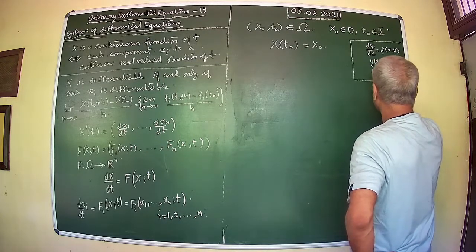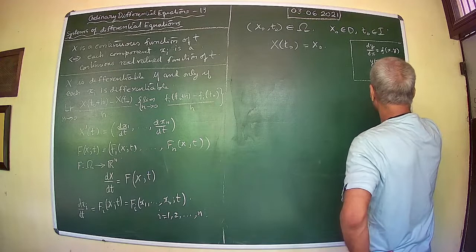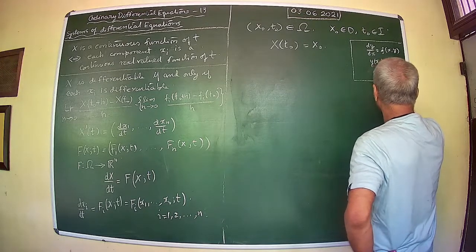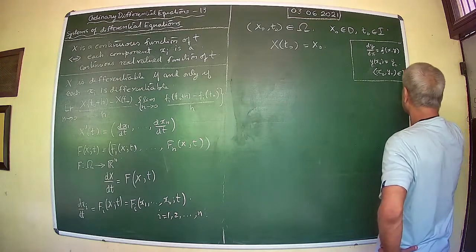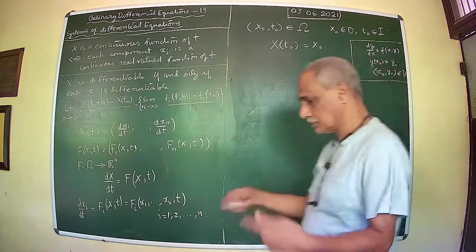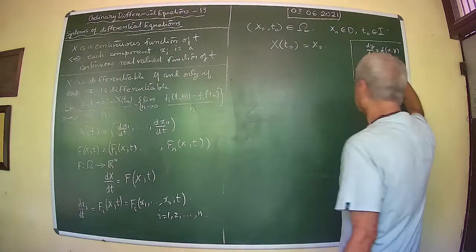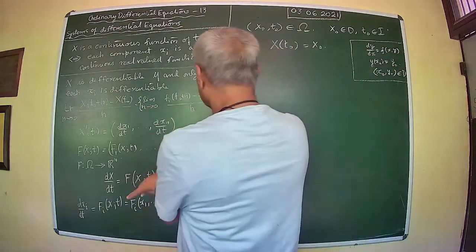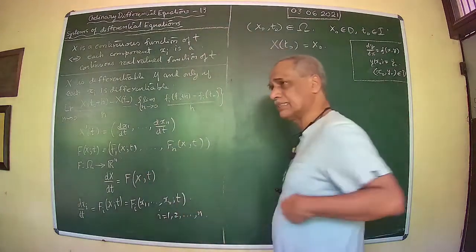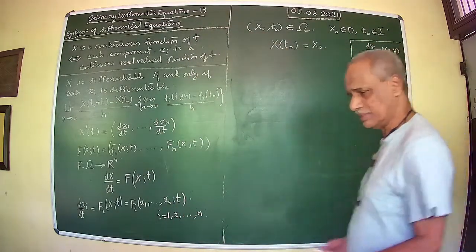So (t, x naught, y naught) is a point in D. There, the first variable is the independent variable, and the second variable is the dependent variable. I have put it the other way around in this notation. Okay, it does not matter at all.